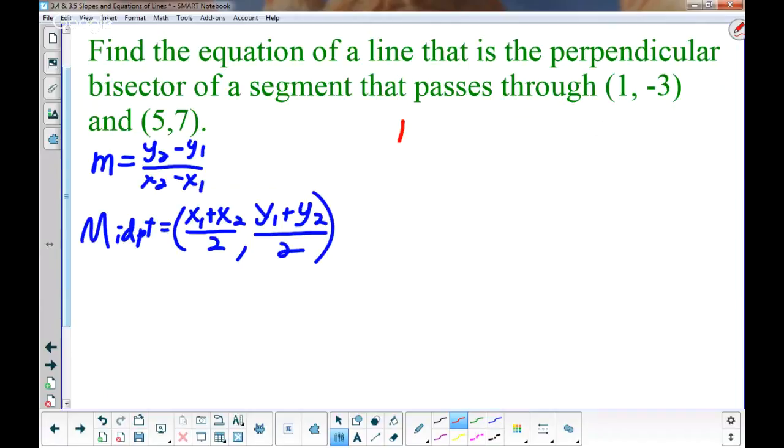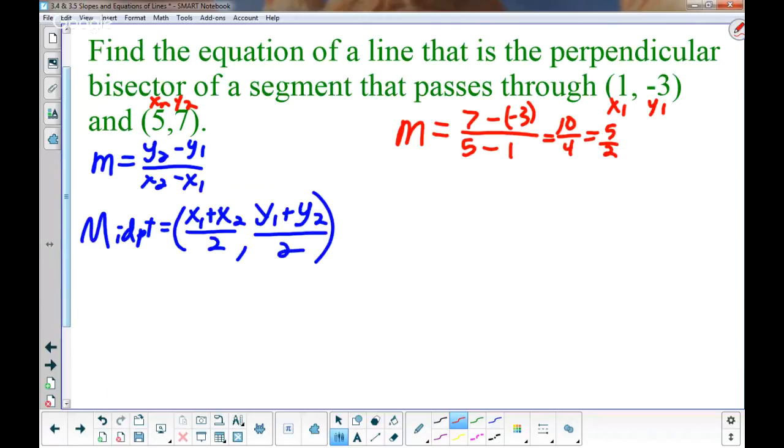So let's find our slope first. The slope of the line they just gave me is (1, -3), (5, 7). So let's think of x1, y1, and x2, y2. So we're going to go 7 minus negative 3 over 5 minus 1. That gives me 10 over 4, which is 5 over 2.